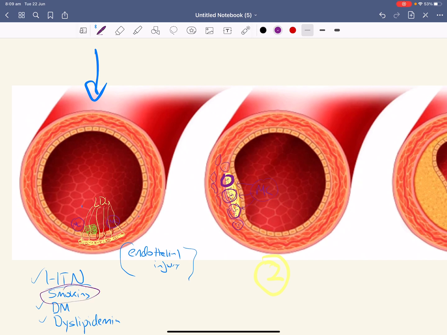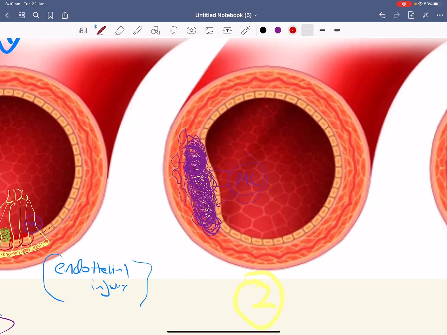So this is why smoking makes it worse, which starts to cause the foam cells to form. So these foam cells are these fatty laden cells, which are monocytes become macrophages, and smooth muscle cells start to accumulate in there, which this over time, so years, decades, start to just make worse.